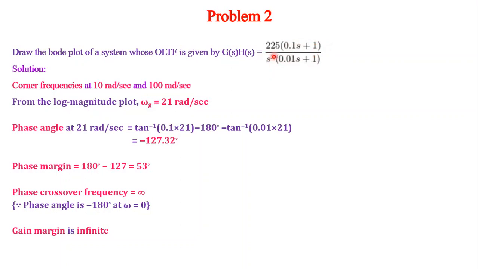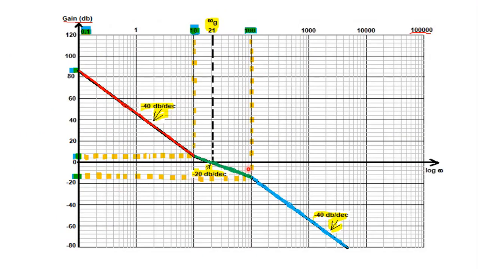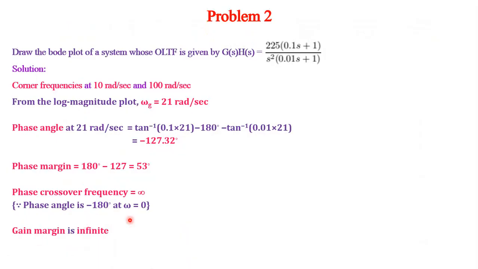This will contribute minus 180. So phase crossover frequency is 0 as well as infinity. But at infinite frequency, if you find the gain margin, what will be the gain? Gain will be negative. Negative means minus of minus is plus, so gain margin is infinite.